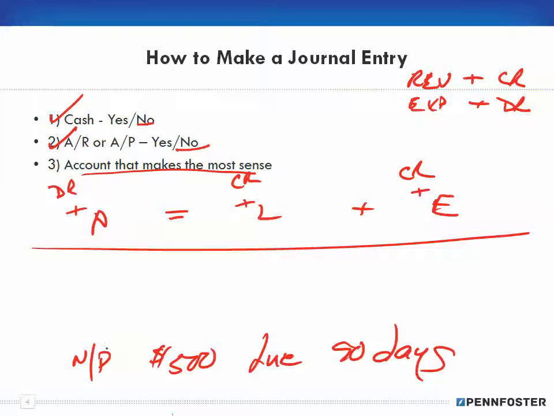Now, my first question that I would ask is, am I affecting cash? And in this case here, it would be yes, because why? I'm going to get $500.